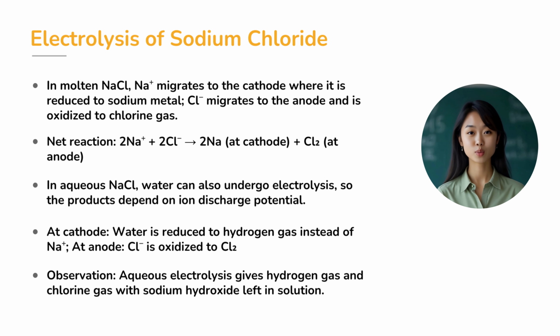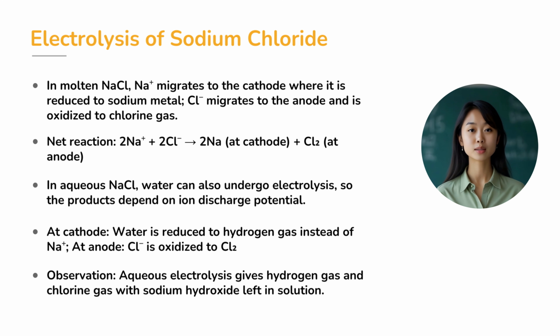Let's look at one of the most widely studied examples, the electrolysis of sodium chloride or common salt. When molten sodium chloride is electrolyzed, sodium ions move to the cathode and get reduced to sodium metal, while chloride ions go to the anode and are oxidized to chlorine gas. The net reaction is 2 sodium ions plus 2 chloride ions gives 2 sodium atoms and 1 molecule of chlorine gas. But in aqueous sodium chloride, it gets a bit trickier.